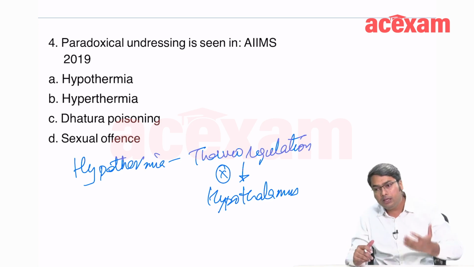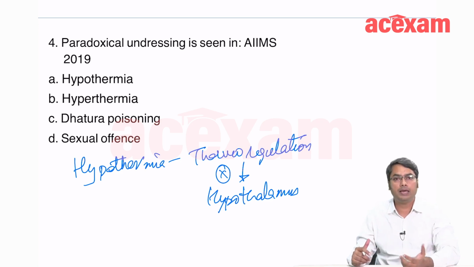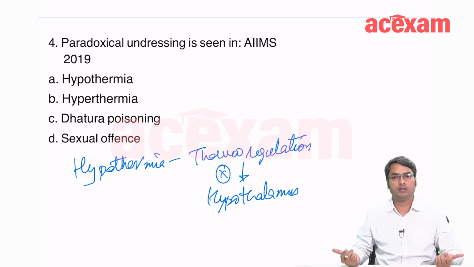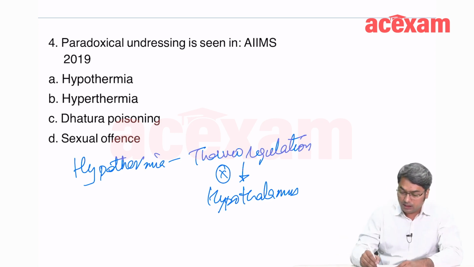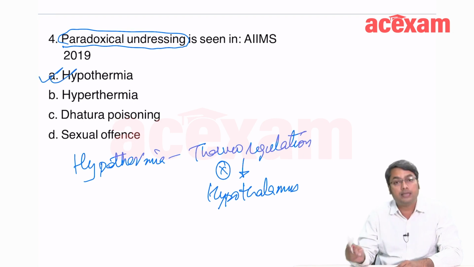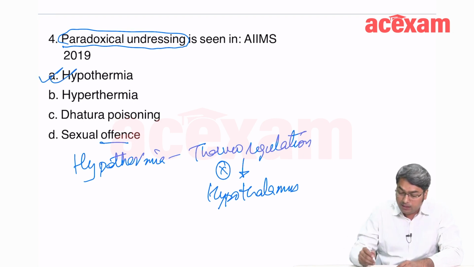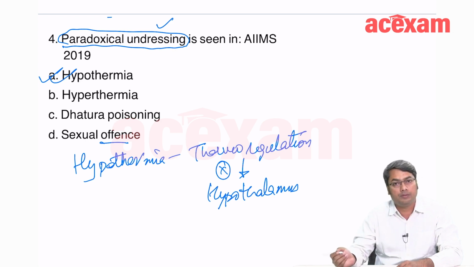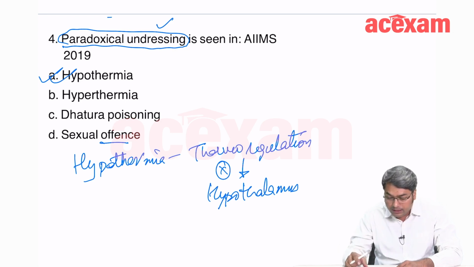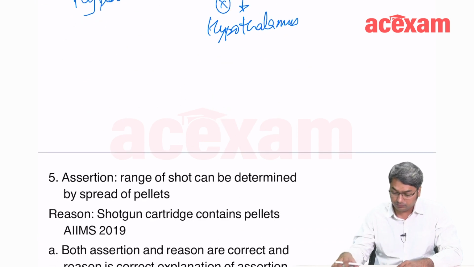In spite of being in hypothermia, the patient will feel warm, and that's why the patient will start opening his dresses, and that is known as paradoxical undressing. The scene of crime may look as if it is a case of sexual offense, but in sexual offense there may be undressing, but it won't be paradoxical. Alright, so paradoxical undressing is seen in case of hypothermia.